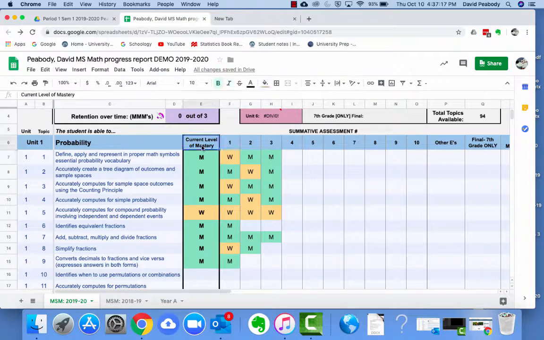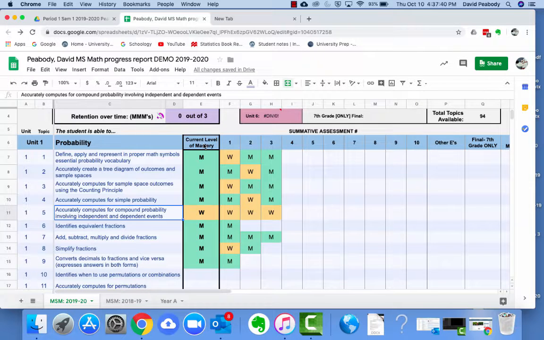So this current level of mastery is what is used to display what the last achievement was. So on topic number 5, where I compute for compound probability with independent and dependent events, I have not yet achieved mastery, and I have in fact a kind of a trend of W's.